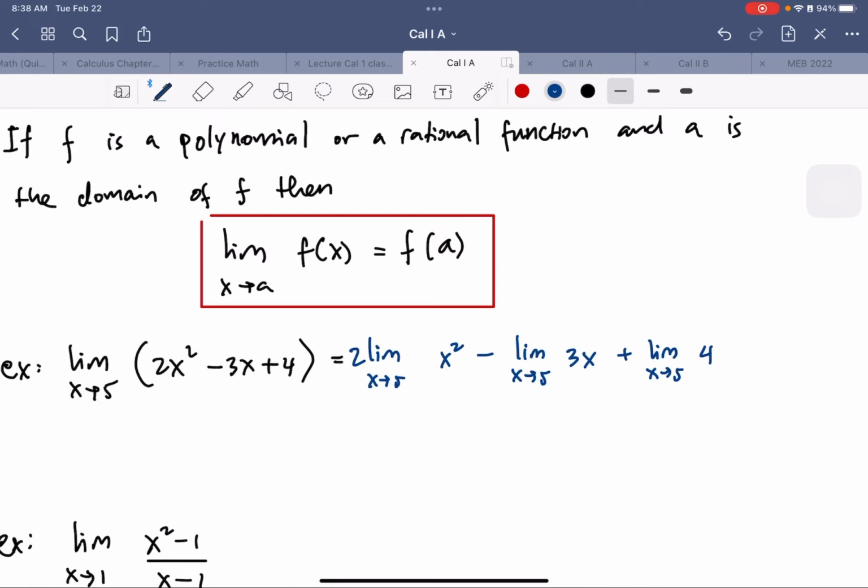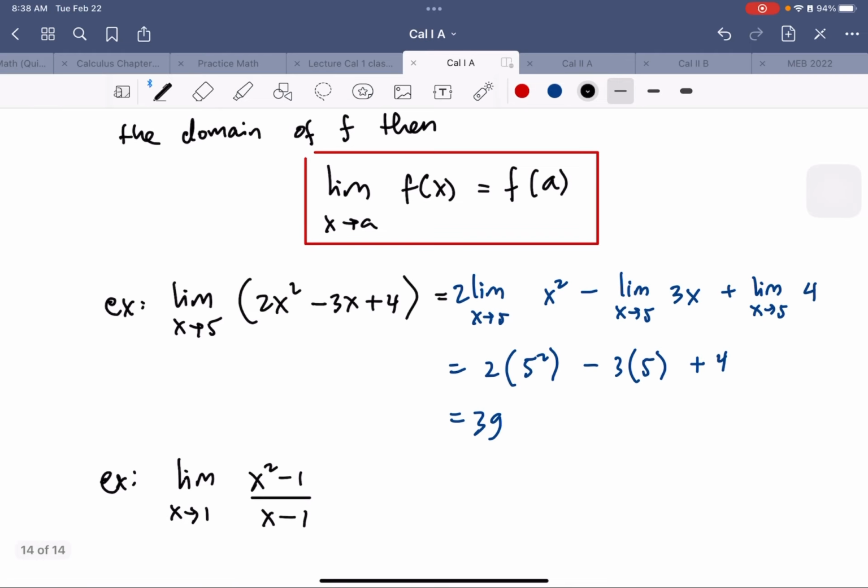And then, because of direct substitution, if f of x is 2x squared minus 3x plus 4, then if we plug in 5, this will be the same as 39. It's still a simple solution, a simple function.